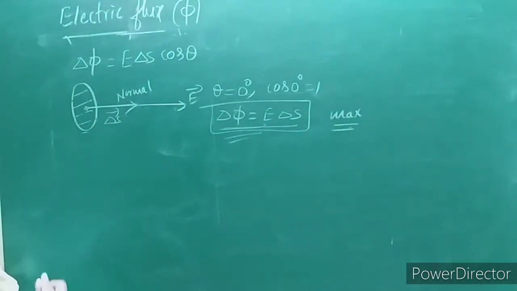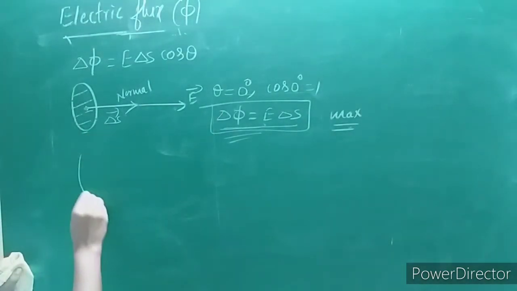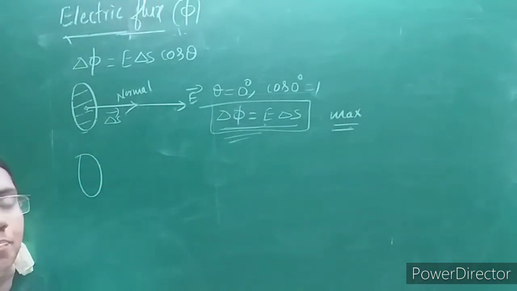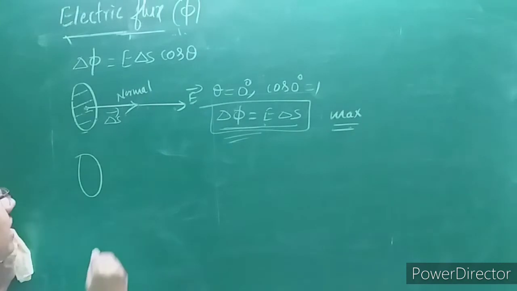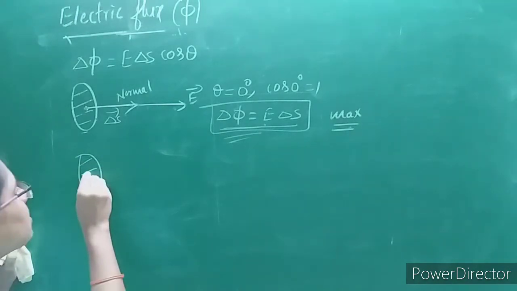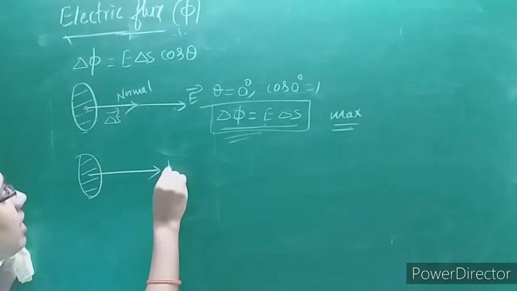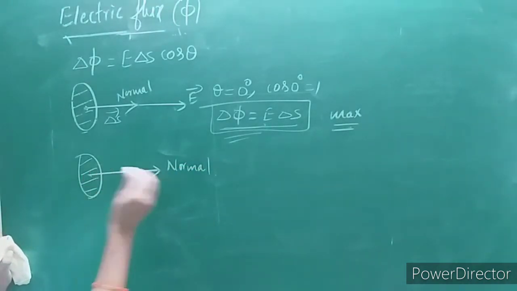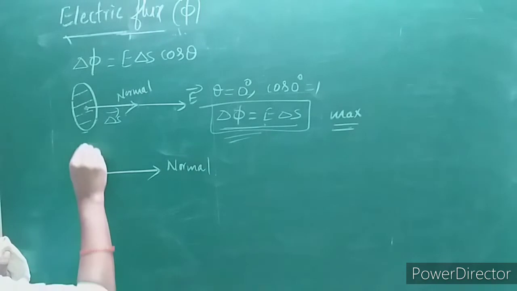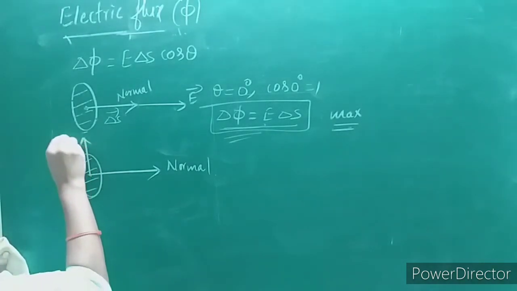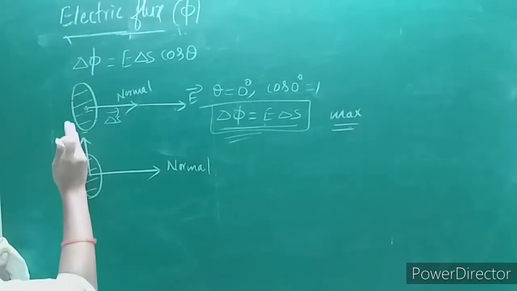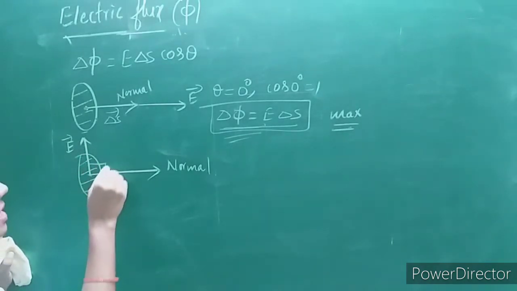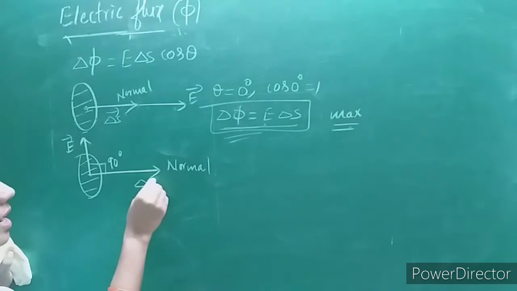Okay. Now suppose the normal drawn to the surface is perpendicular to the direction of electric field. See, this is the normal that is drawn to the surface, and if this normal is perpendicular to the direction of electric field, meaning the electric field direction is here, then the angle between electric field and the normal is 90 degree, right?